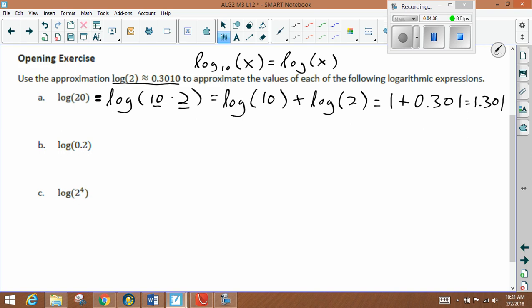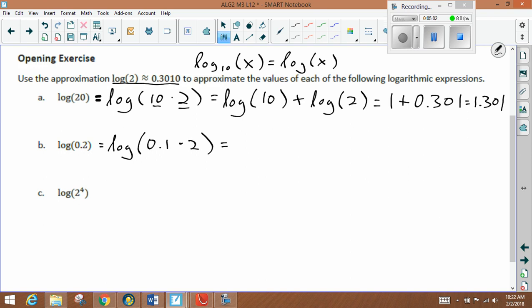All right. How about this one? This is log base 10 of 1/10 times 2, or let's go with 0.1 times 2, right?